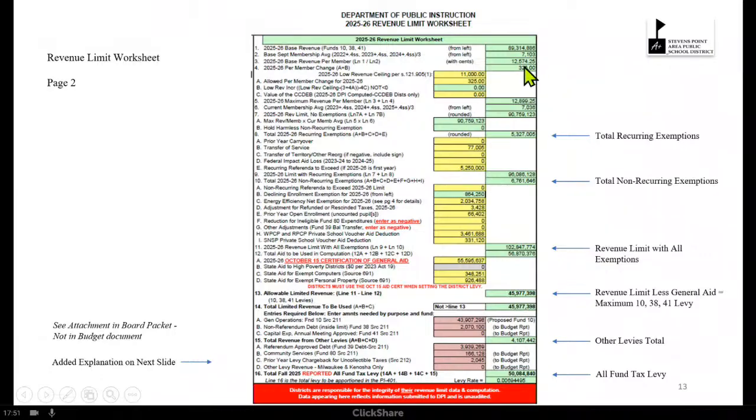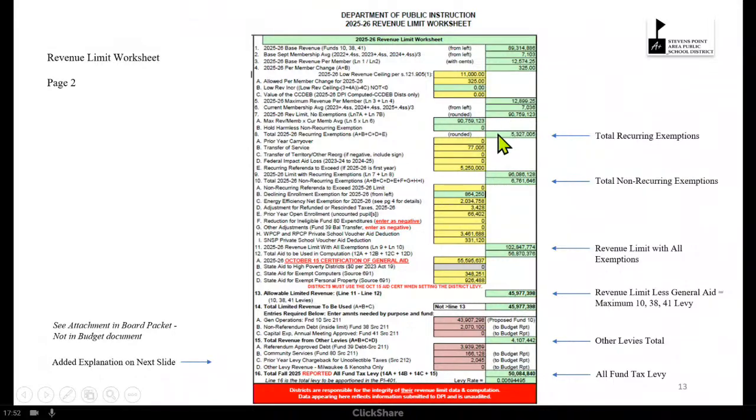So that means that our referendum from last year is in that number. Okay, then we add on the $325 and we get a new base membership of $12,899.25. We take that times our 3-year rolling average, and that gives us our revenue limit with no exemptions.